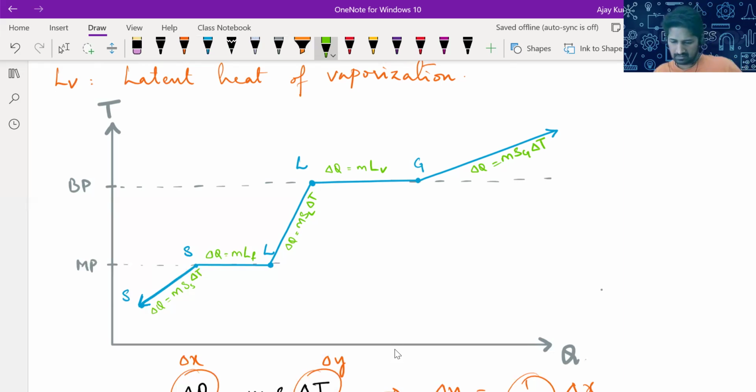Let's try one problem based on that. Assume the melting point for some material is 40 degrees C and the boiling point is 100 degrees C. I have given you the melting point and boiling point, so I can ask you for the specific heat in liquid state.